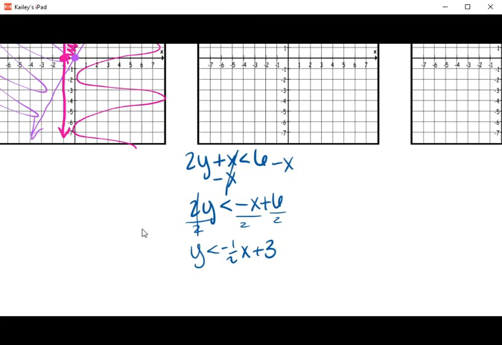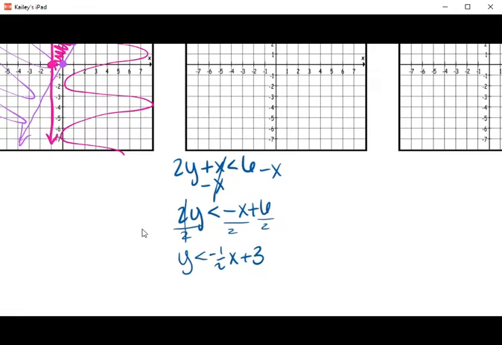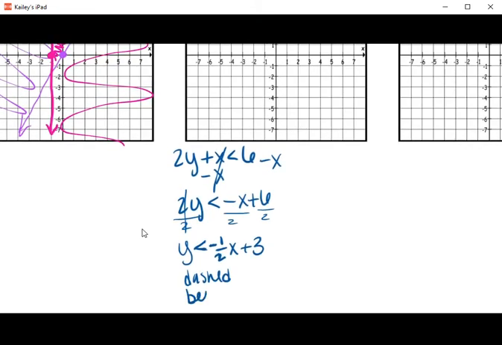So let's go ahead and graph that inequality before we move on to the next one. Since it's just less than, there's no equal to there, this will be a dashed line and it will be shaded below the line.